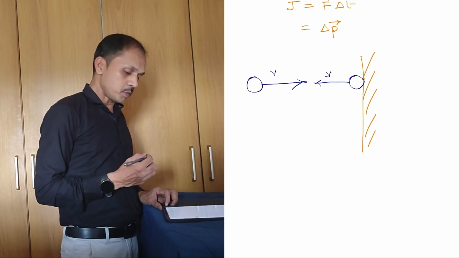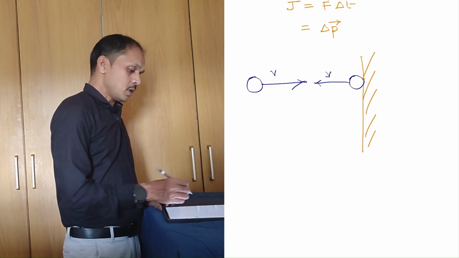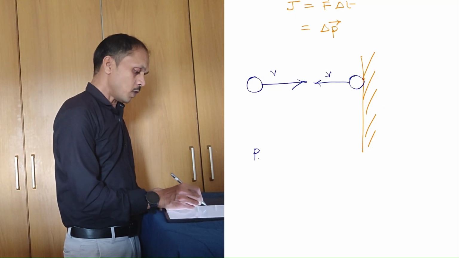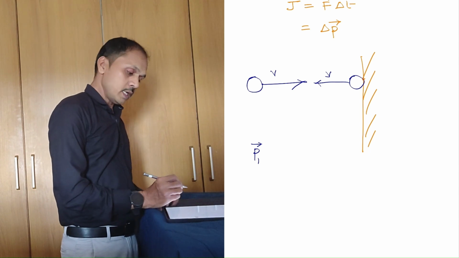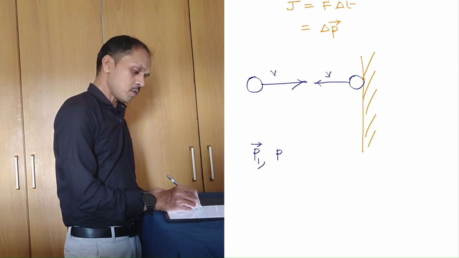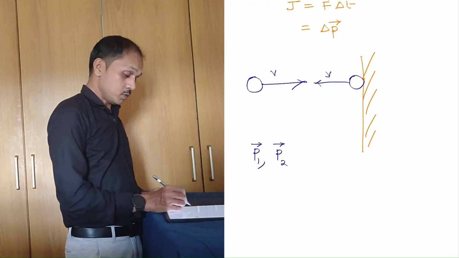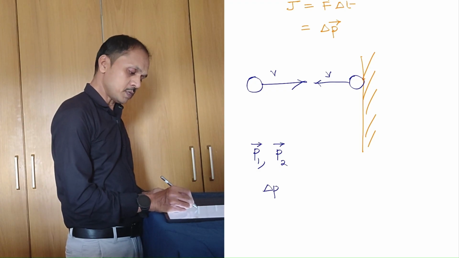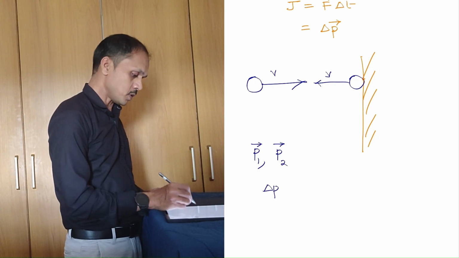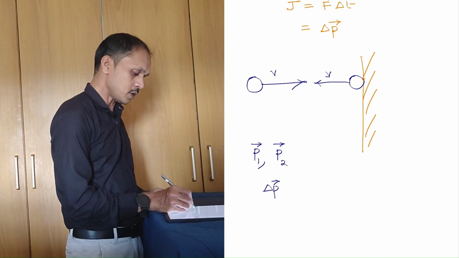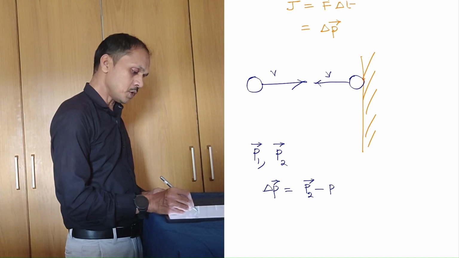How do you find change in momentum? Initially, let us say the momentum is P1. Finally, let us say the momentum is P2. Now the change in momentum gives you the impulse, and let's write the change in momentum equation. Change in momentum is nothing but final momentum minus initial momentum.